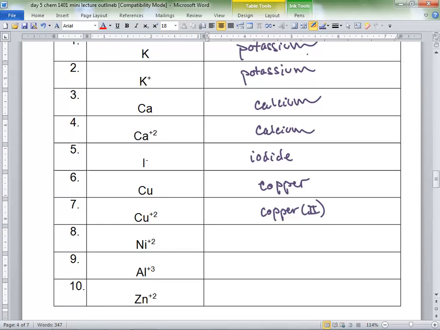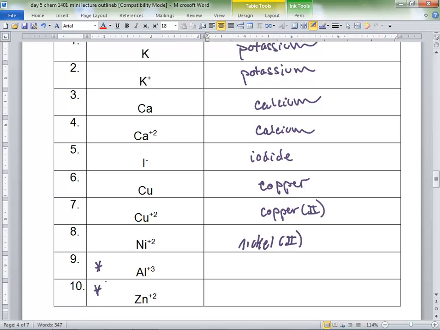Number 8. Perfect. Nickel with the Roman numeral 2. And these are trick questions. 9 and 10 are trick questions. I'll give you a hint. These guys have no choice. Aluminum has to be a +3.